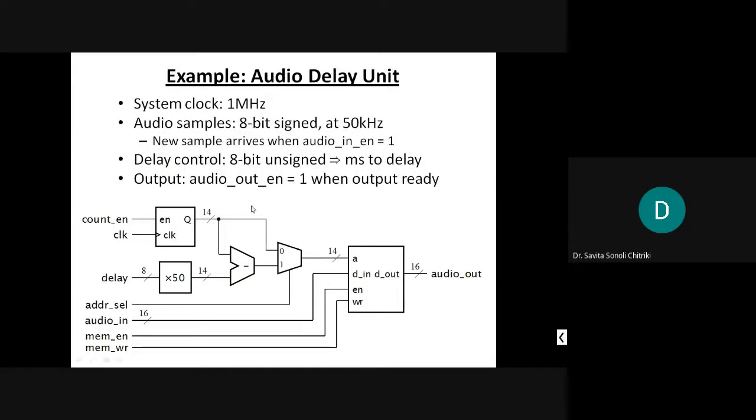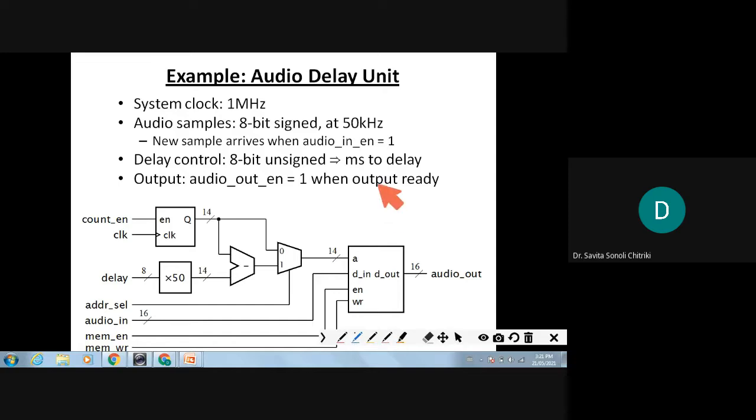That means addresses will be generated from 0, 1, 2, 3, 4, 5, 6, 7, 8, 9. After 9, what will be the next address? A. Very good: A, B, C, D, E, F. After F, the next address is 10.